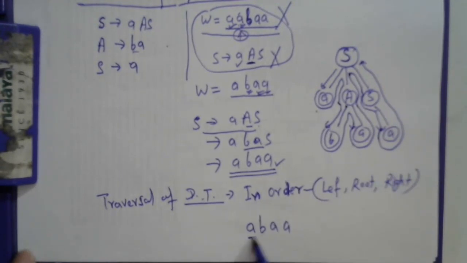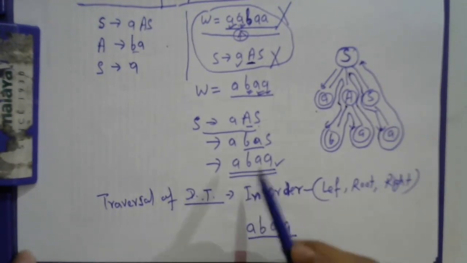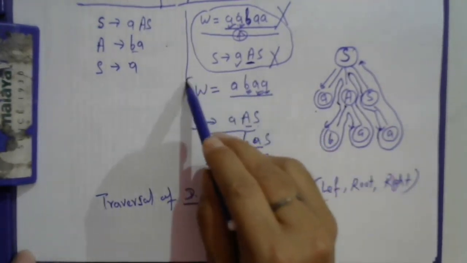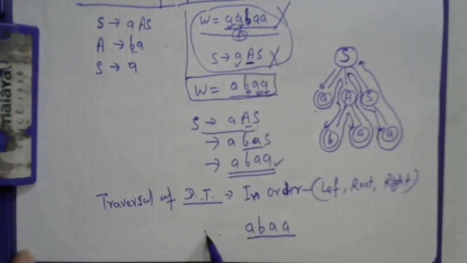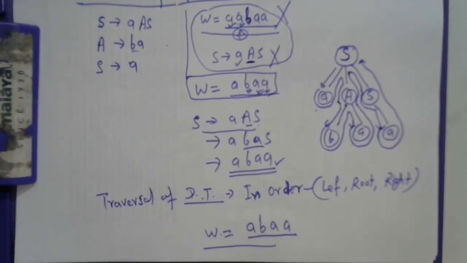We are getting the string A, B, A, which we have already given here. We want this string W with the help of this grammar, and we get W like this. That is the method: how to get the derivation tree, how you get the string W, and how to traverse the CFG derivation tree.